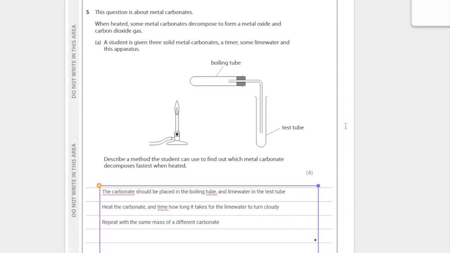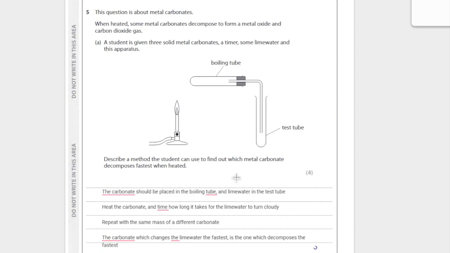The carbonate which changes the lime water to cloudy the fastest is the one which decomposes the fastest, because that's what we're looking for. We're looking for the metal carbonate which decomposes the fastest.